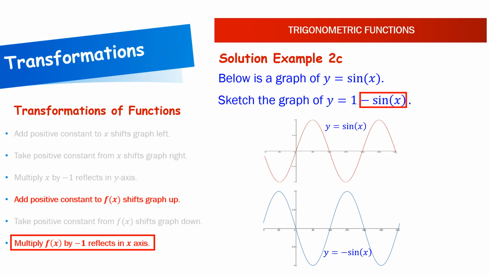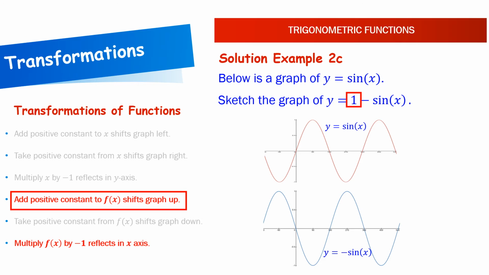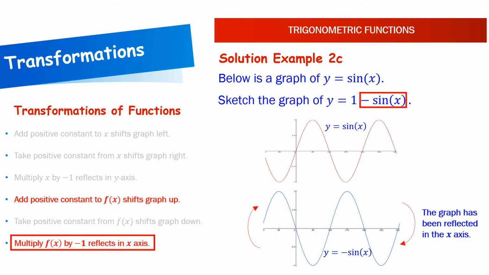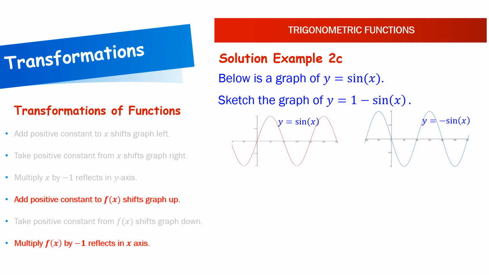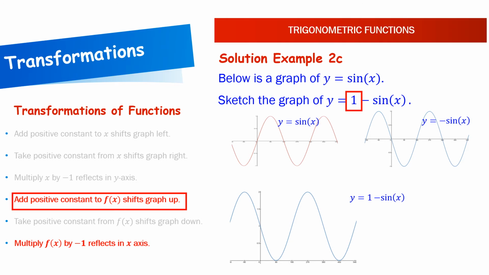Here's the graph of y equals minus sine x. Next, we add 1. So first we reflect the graph in the x-axis, as shown here. And then we add 1, which shifts the graph upwards by 1, as shown on the graph at the bottom of your screen.